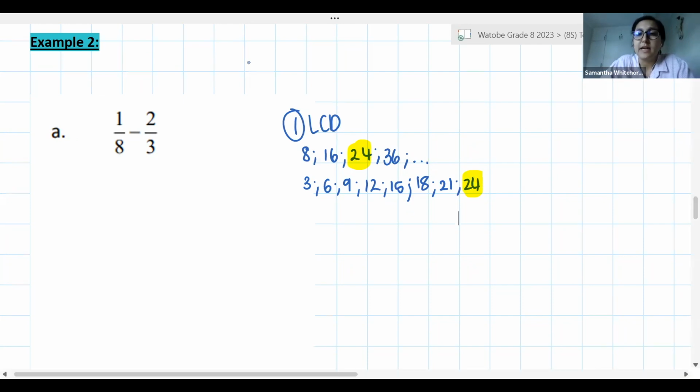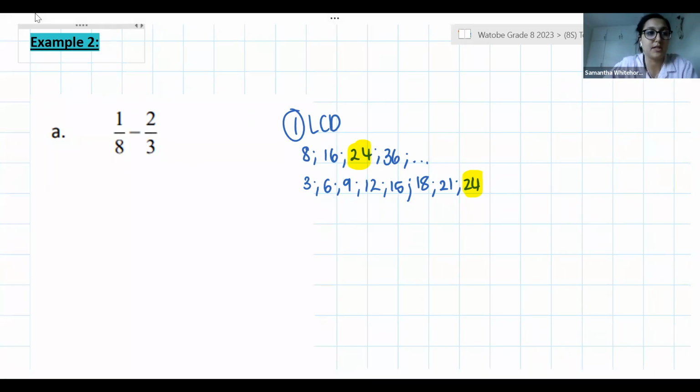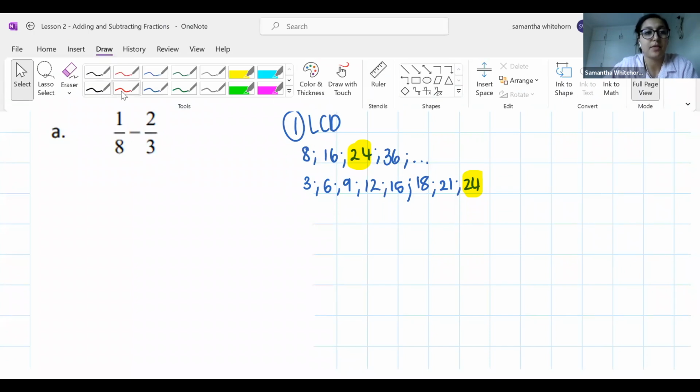And this is what Leila has just said: sometimes a way to find a common denominator is just to times the 2 denominators together. 8 times 3 is 24. So that's absolutely fine if that's the method you use. Otherwise, we look at our multiples. It's often very much the same thing.